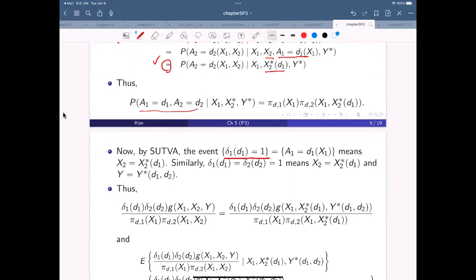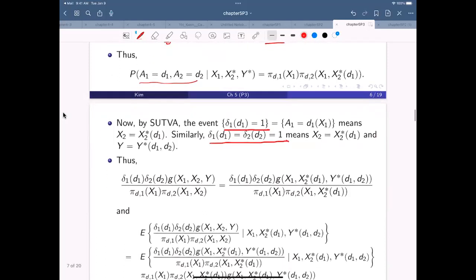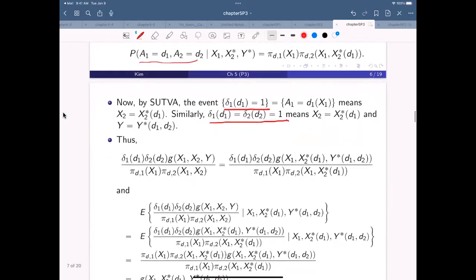It means my observed x2 is equal to the potential x2 under d1. Same way, what do we mean by delta 1 and delta 2 equal to 1? That means my observed x2 is equal to this one, and also my observed y is equal to the potential outcome of y under d1 and d2. So this implies this equivalent.